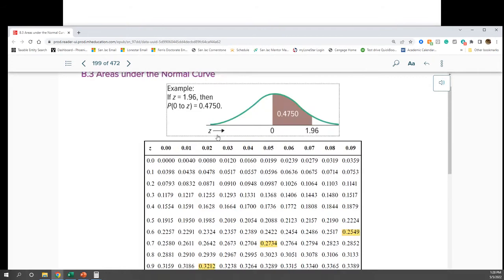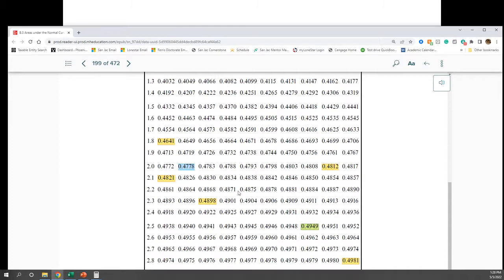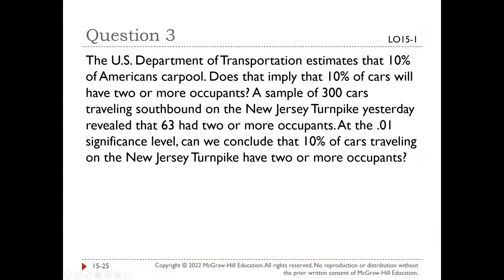So it's 2.32 as our Z stat. So that's our critical value.